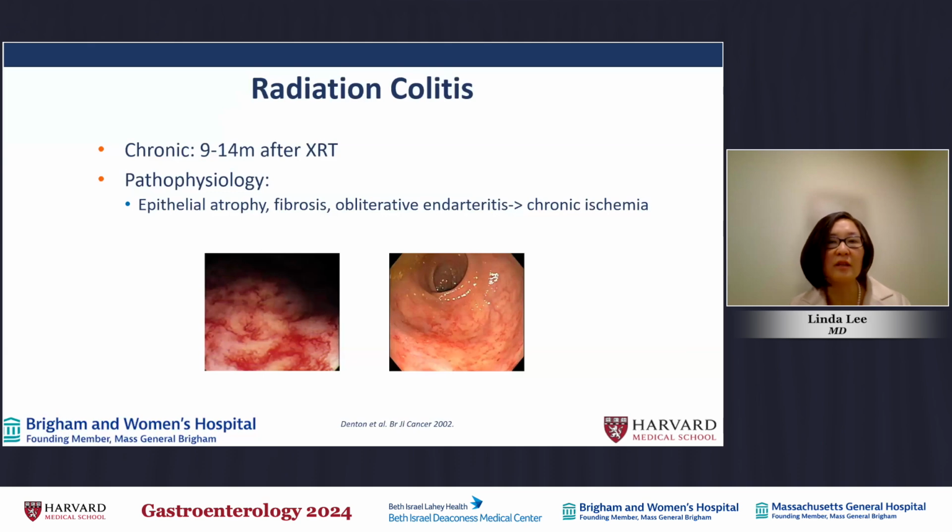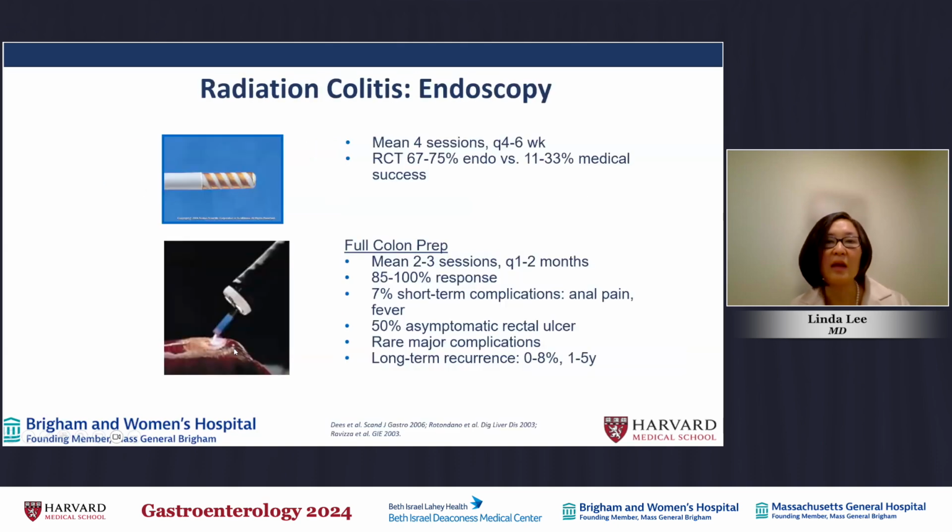Now, radiation colitis, in terms of bleeding from this, is a chronic issue. What happens is epithelial atrophy with fibrosis, obliterative endarteritis with chronic ischemia, and this neovascularization that happens that can bleed. Certainly thermal therapy is very helpful, especially argon plasma coagulation.